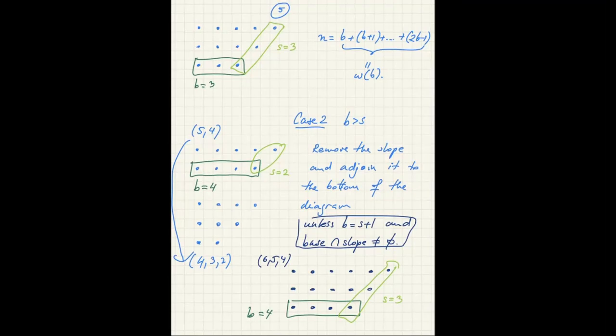Now, what is the cardinality in this case? Well, you see again, this exceptional situation happens when n has a special form. So here, how is n going to look like? Well, you can calculate. You have the base, which is s plus 1, and then you add them up all the way, and the last term is 2s.